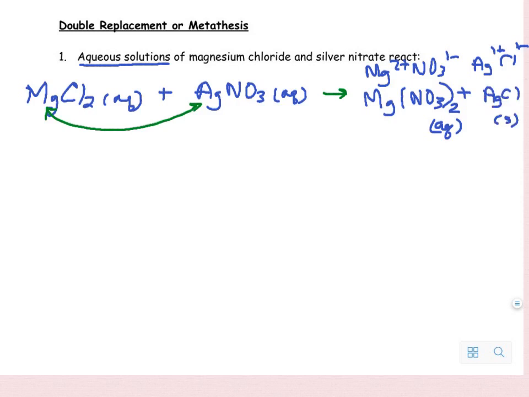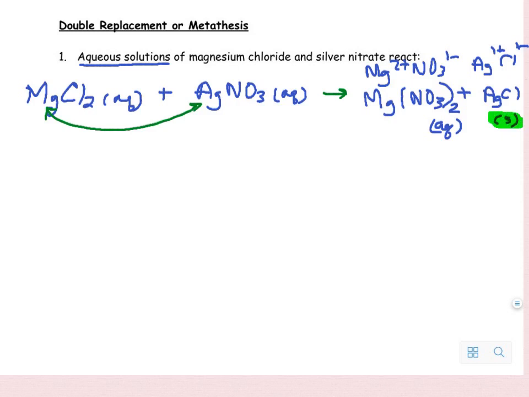Now, one thing I haven't told you before, this is a new skill, is that when, as a result of crisscrossing your partners in a double replacement reaction, if you do not produce a solid precipitate, or a liquid like water, or a gas, then the reaction will not happen.